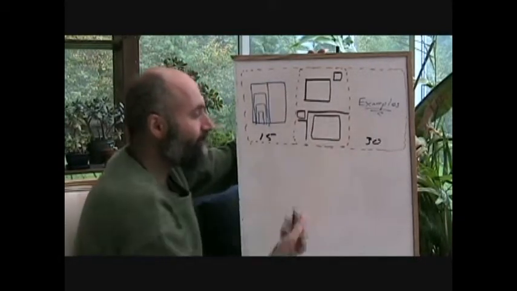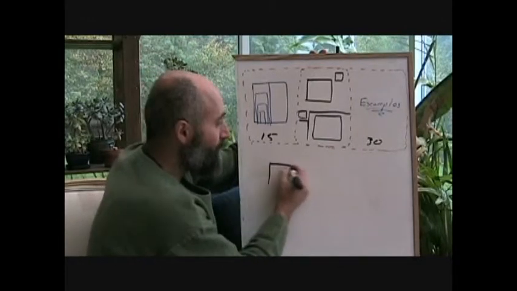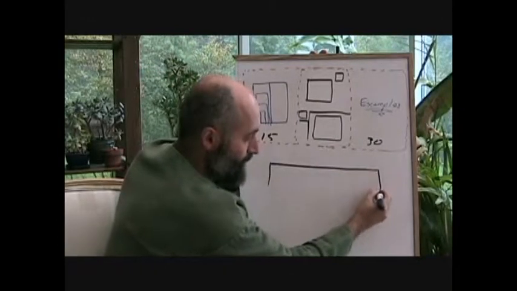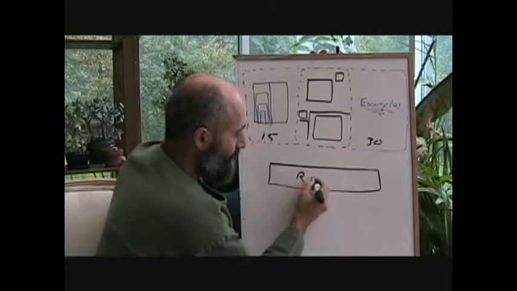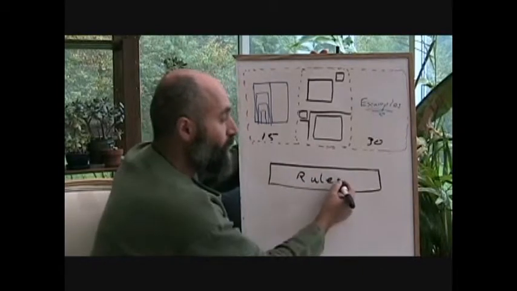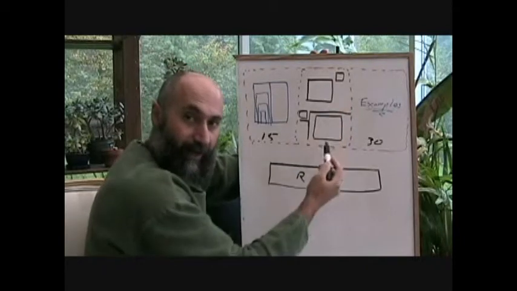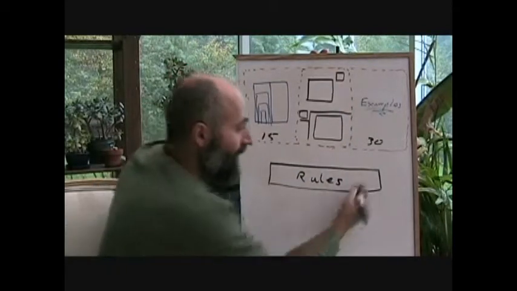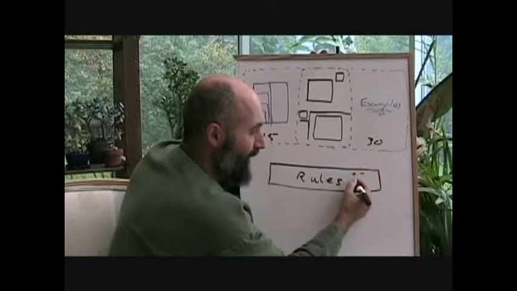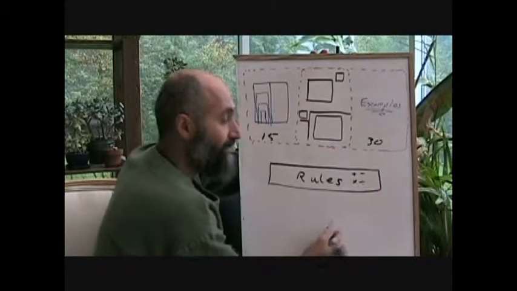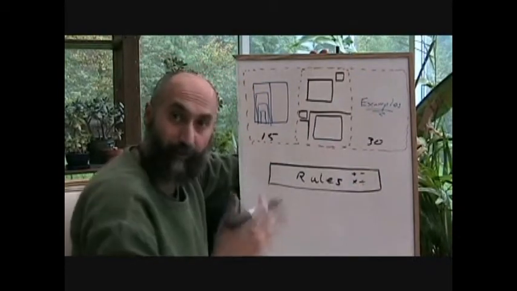The next set of videos coming up is going to be the rules of how we deal with exponents and radicals: how we add them, subtract them, multiply them, divide them, and how we take a power to a power.